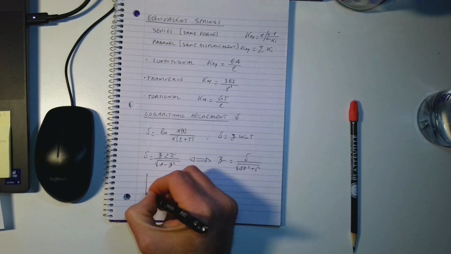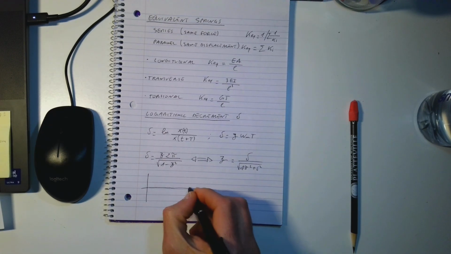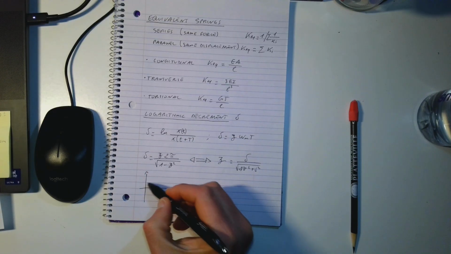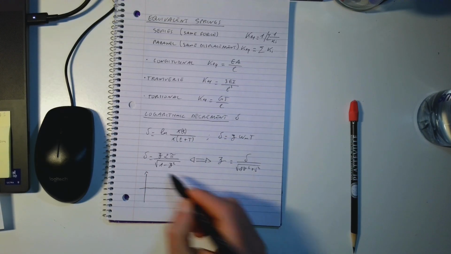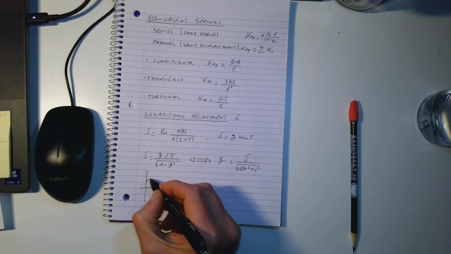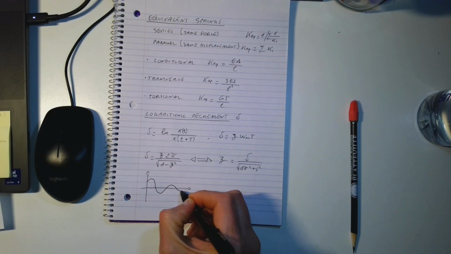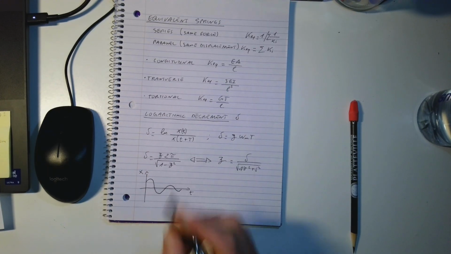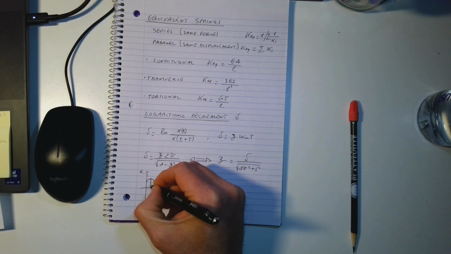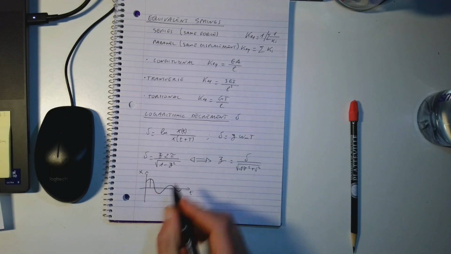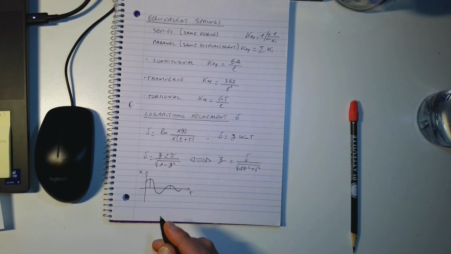Which means that if we have a vibrating system, again this is valid for underdamped, we know that the qualitative plot of an underdamped system would look, let's say, like this. So this is time, this is amplitude. Basically what we need to do is look at the amplitude at a certain instant, and then the amplitude after one period.